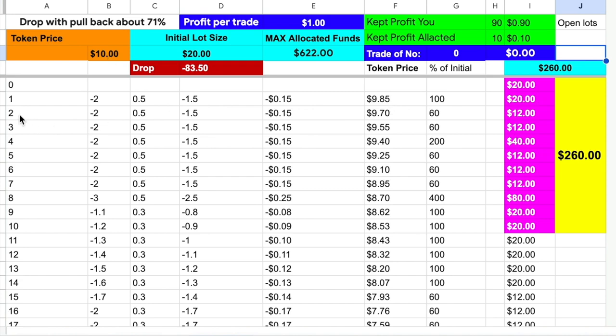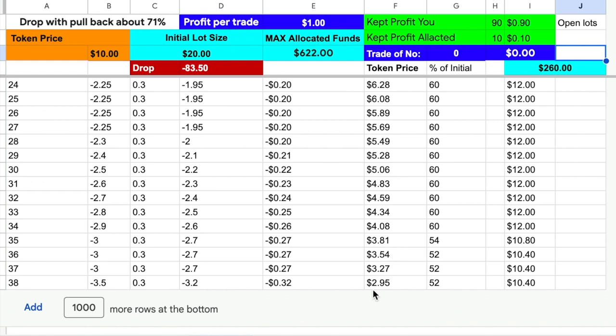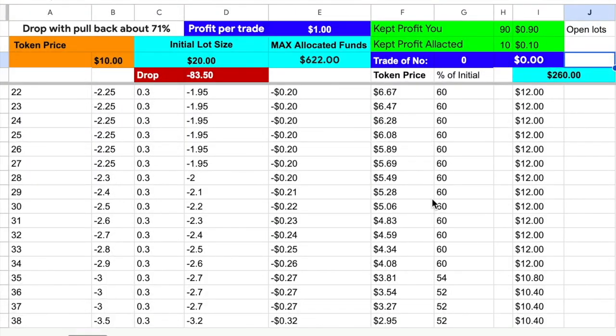And then we'd be coming down to the next trade and the token price would be $9.70, $9.55, $9.40 and so on. As you can see, going all the way down to the bottom, the token price could drop to $2.95 and this robot could still carry on trading even though when it started trading the token price was $10. In fact, the robot can carry on trading providing the token still has a value.